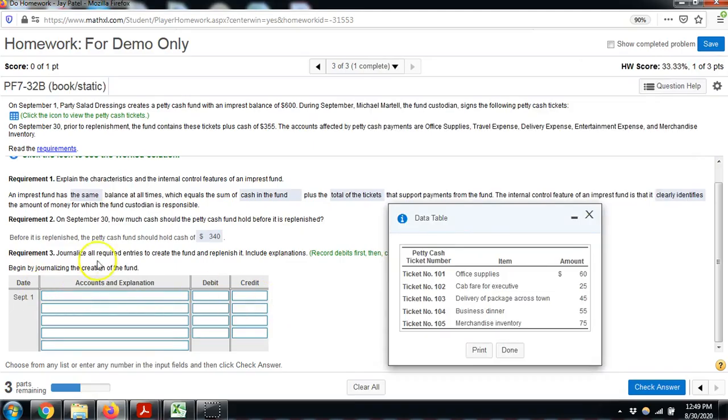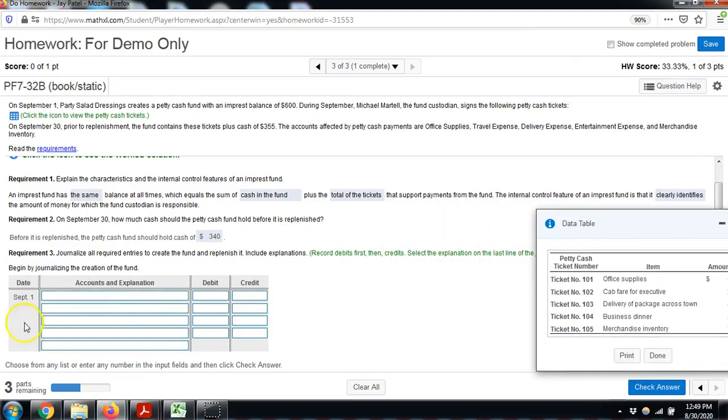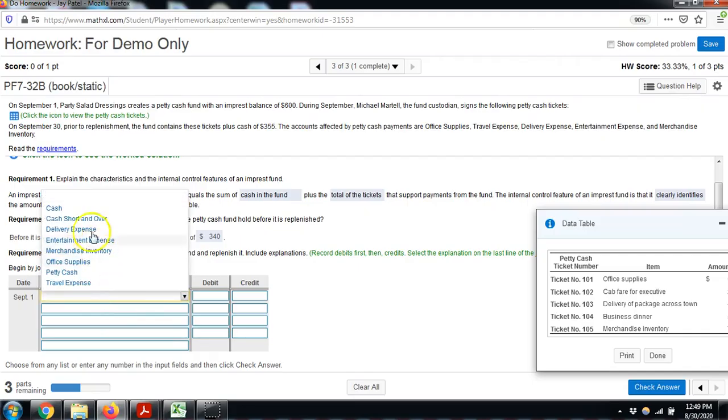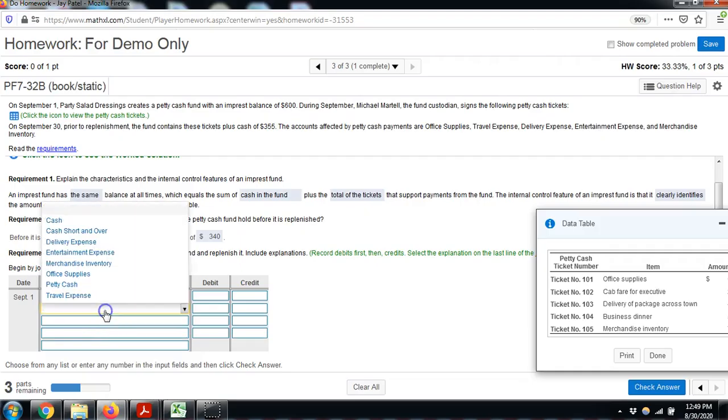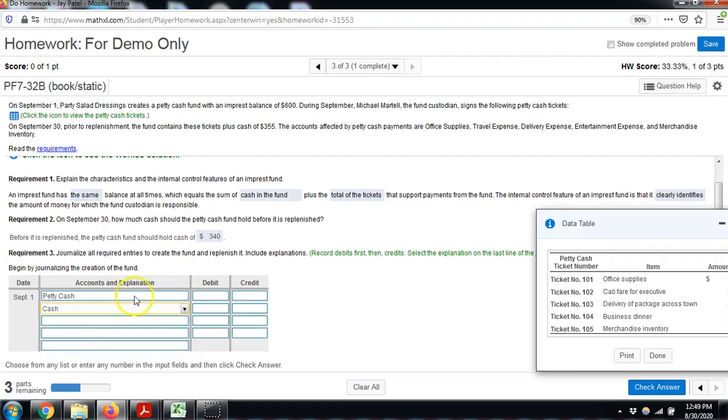Before we do that, it looks like it wants us to do the journal entry to create the fund. The creation of a petty cash balance involves debiting petty cash and crediting regular cash.